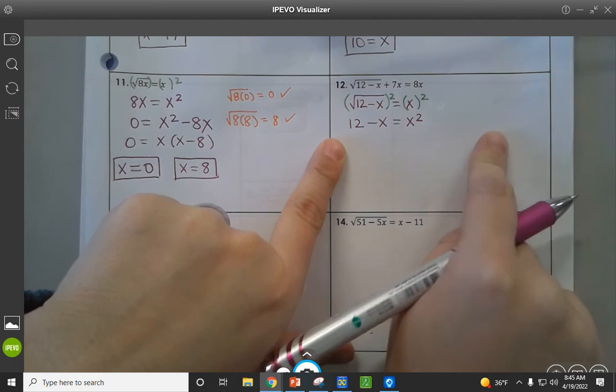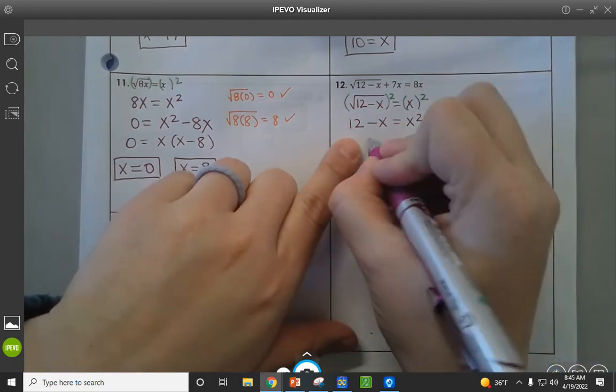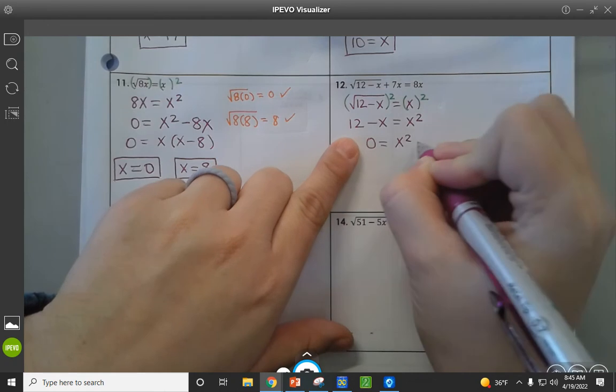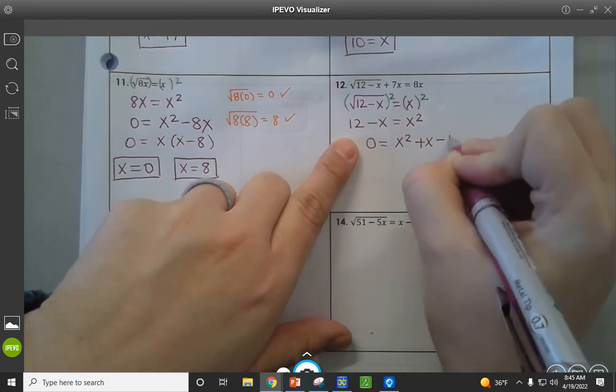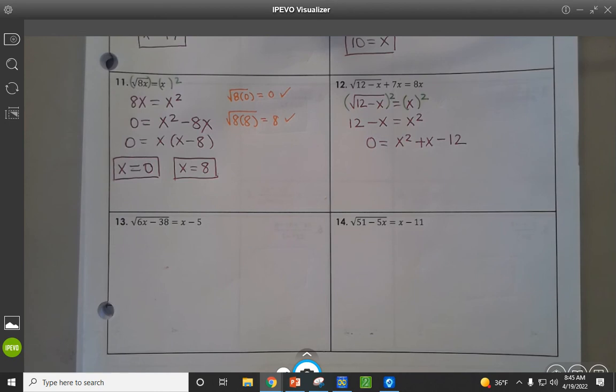Do we have a GCF? No. So we have to factor this. Meaning you want two numbers that multiply to be negative 12 and add to be 1.